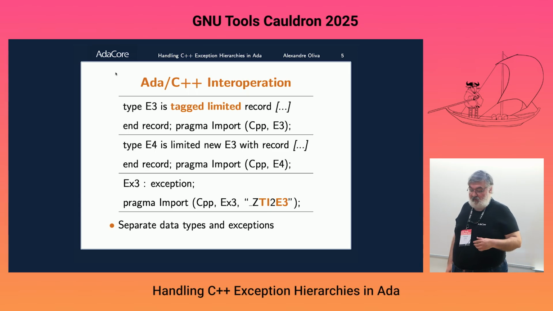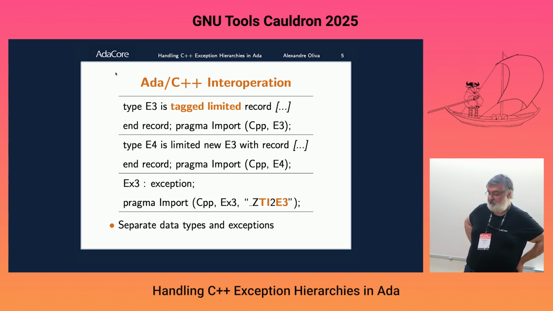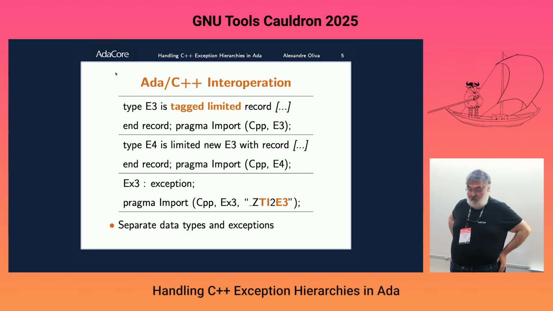You can have single inheritance in Ada, so you declare that the type E4 is derived from E3 with this sort of syntax, and then you can also specify that it follows the C++ conventions with regards to layout and stuff like that, and then the Ada compiler will do the magic for you.